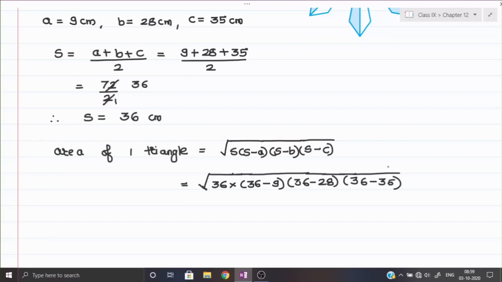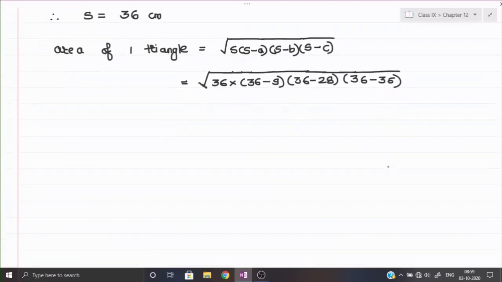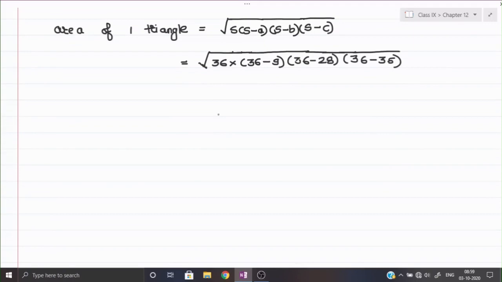So it can be written as, further, 36 will be as it is, the first 36 we can write down as it is, then 36 minus 9, what will remain? 27. 36 minus 28, I think that is 8 will remain, and 36 minus 35, that will remain 1.